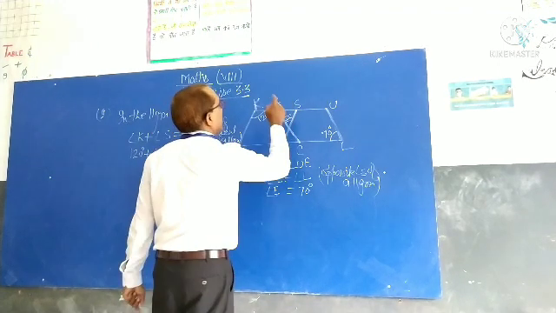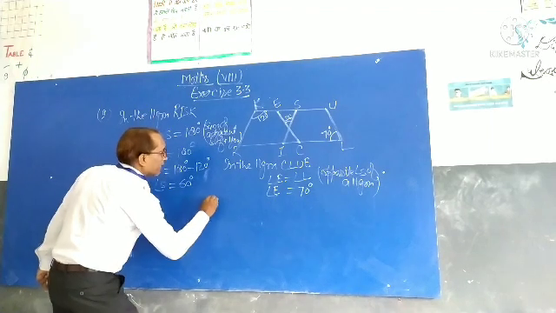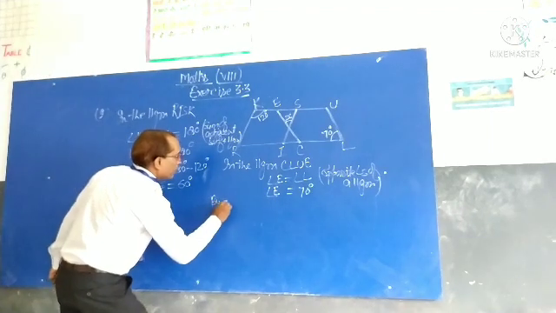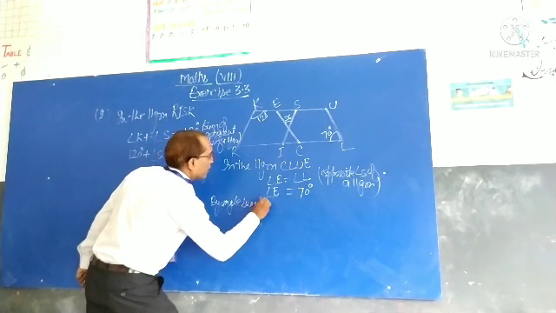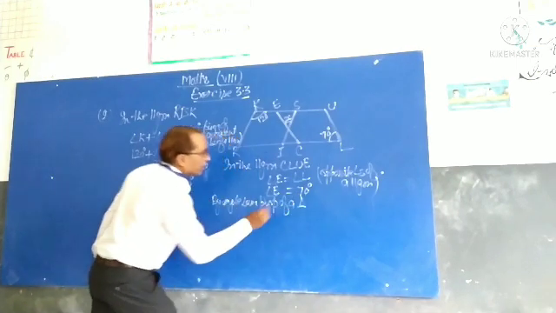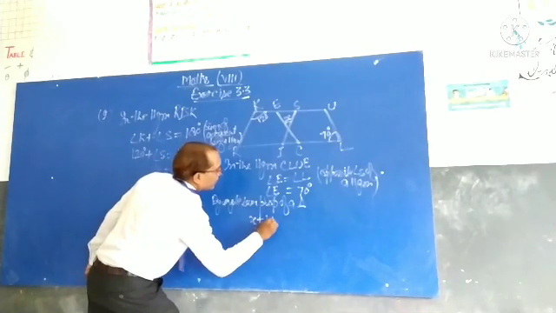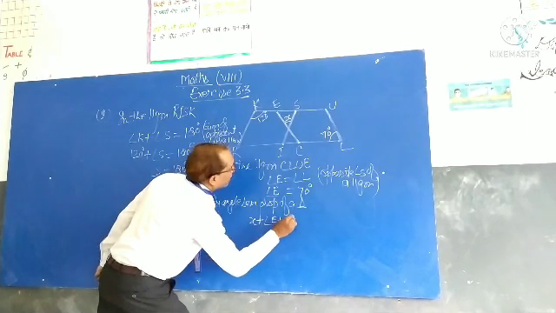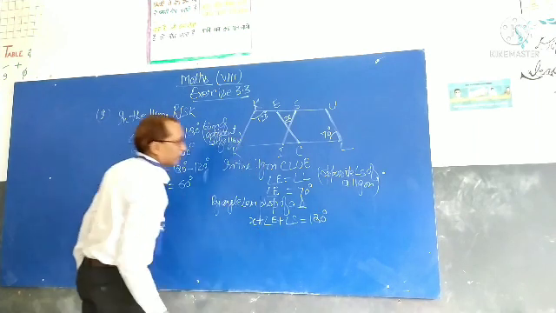Then we find out here X. You write down by angle sum property of a triangle, X plus angle E plus angle S is equal to 180 degree.